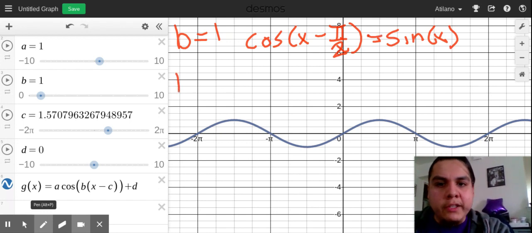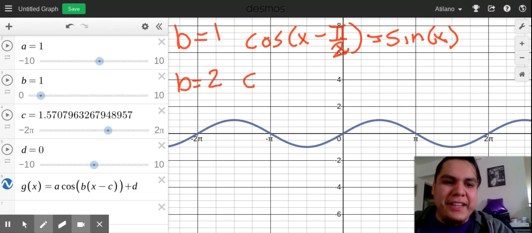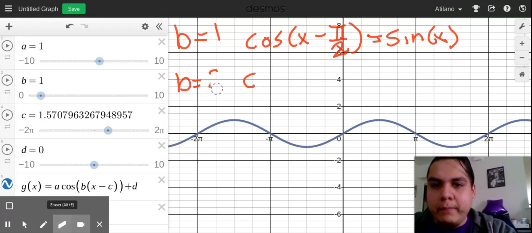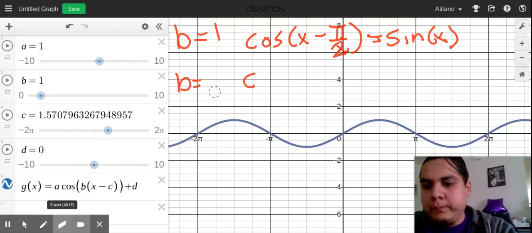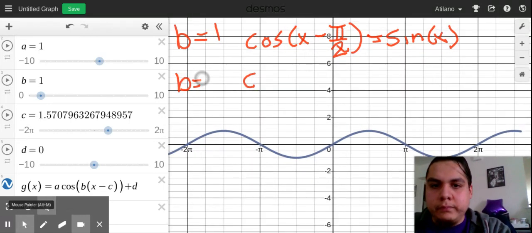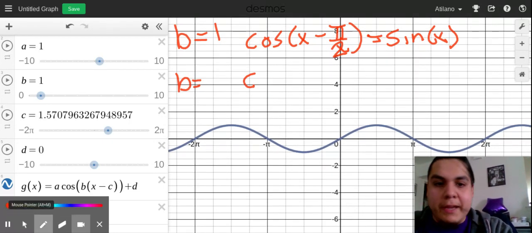So based off that, if I make b equal to 2, I'm going to take a guess. Nah, psych. 2 is so boring. Let's make it 5.